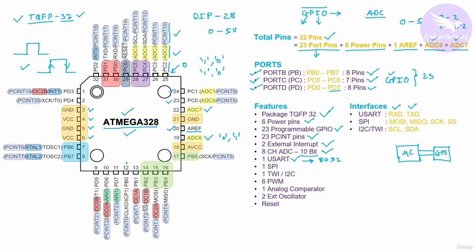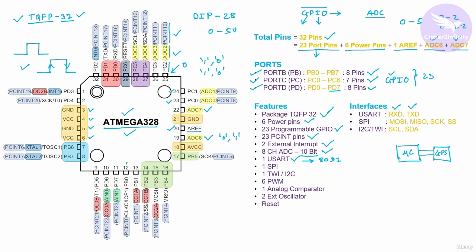So you can connect the pins of the microcontroller directly to the USART interface of the GPS module, and you will get the coordinates of your location, or you can read the data sent by the GPS with the help of this microcontroller. I hope the USART interface is now clear to you.